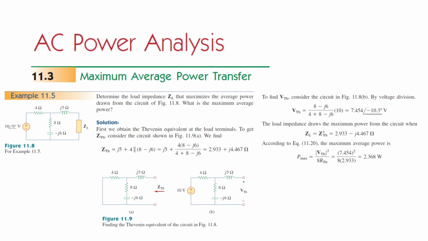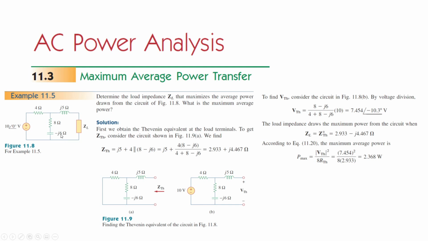So now let's look at an example. This is an AC circuit, and we want to find the load impedance ZL that maximizes the average power drawn from the circuit, that is given in figure 11.8, which is this one, and then we also want to find the maximum average power.